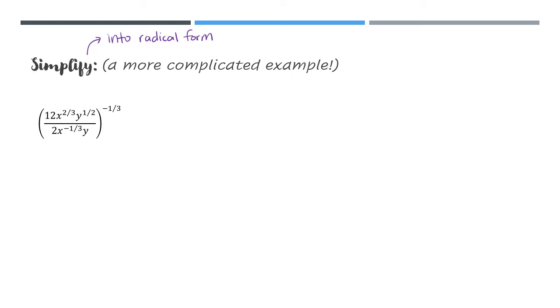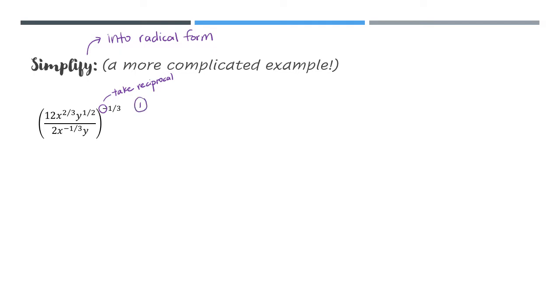I personally like to start with the negative exponent that's on the outside. Because it's negative, I'm going to take the reciprocal. I'm going to write this down. Take reciprocal first. Now again, this is just one of the many first steps that are possible in a problem like this. So I'm going to be very careful and label this as my step 1.